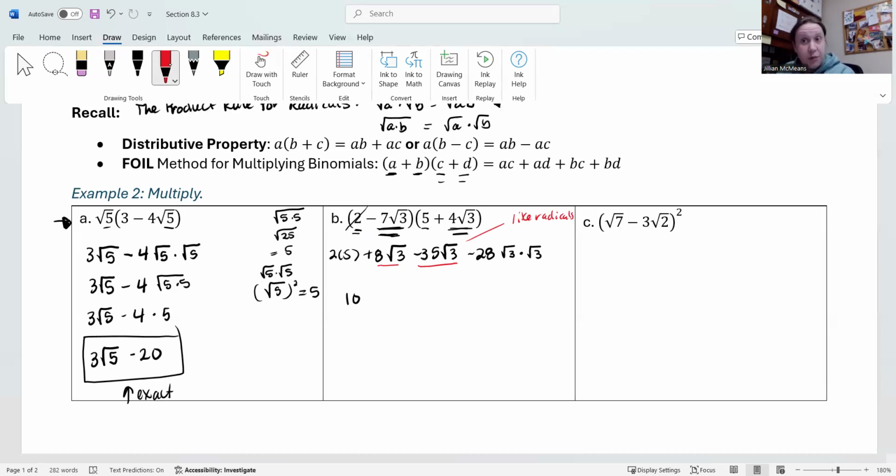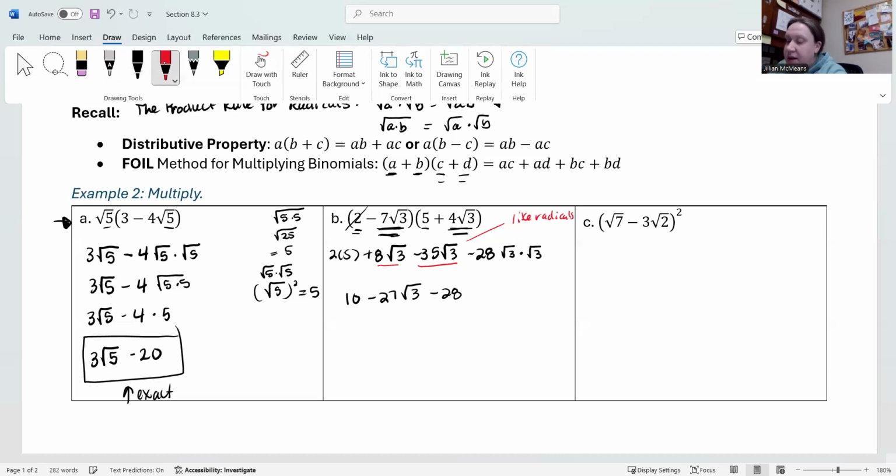It is not a variable, but we treat it like one. So we want to take those constant factors out front, the things that look like coefficients, and we want to add them or subtract them. So I have +8 minus 35. That would give me -27 square roots of 3. So I've combined those two radical expressions into a single one. And then finally, I have -28. So I've got -28 here.